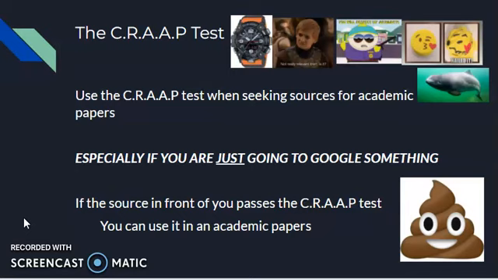Use the C.R.A.A.P test when you are seeking sources for your academic papers, especially if you're just going to Google something. Please don't just Google something. Go to the research databases pages on the library's website and follow through with some of the simple search techniques that we've talked about. If the source in front of you passes the C.R.A.A.P test, you can use it in your academic papers.